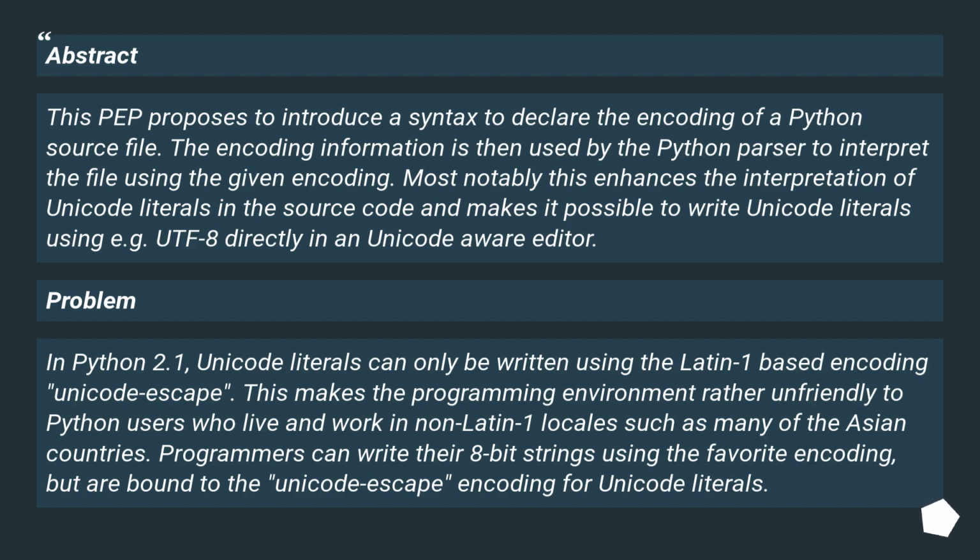Problem: In Python 2.1, Unicode literals can only be written using the Latin-1 based encoding "unicode-escape". This makes the programming environment rather unfriendly to Python users who live and work in non-Latin-1 locales such as many of the Asian countries. Programmers can write their 8-bit strings using the favorite encoding, but are bound to the unicode-escape encoding for Unicode literals.